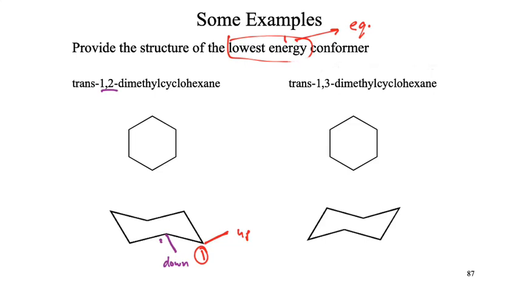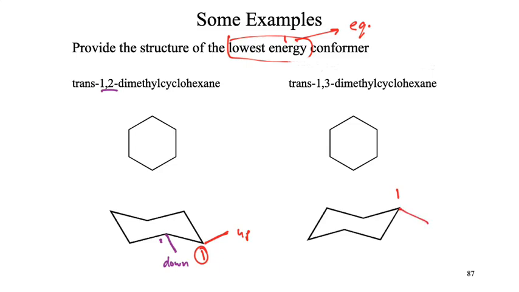Let's do the trans 1,3. Where's my 1? Wherever we want. Okay, there's my 1. Where do I want my methyl to be? Equatorial. If that's my 1 position, where's my equatorial? Up or down? Down.